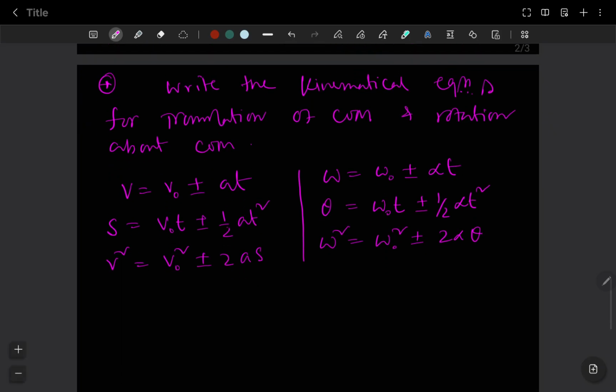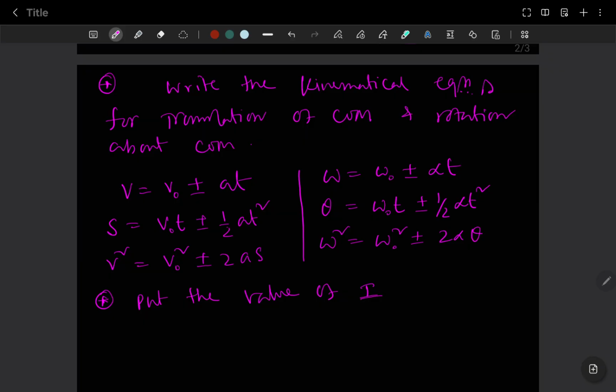Okay, then put the value of I, that is the moment of inertia for the object. You see, the object which is rolling can be a solid sphere, a hollow sphere, a disc, or a ring. So you have to put the value of I accordingly. You have to memorize the values of moment of inertia of these rolling bodies.